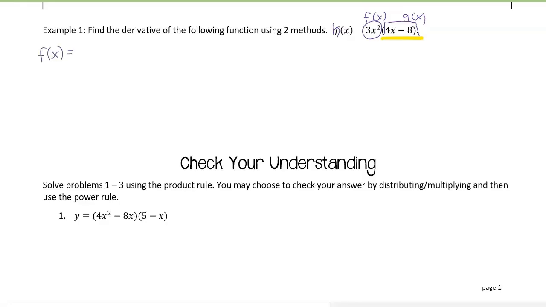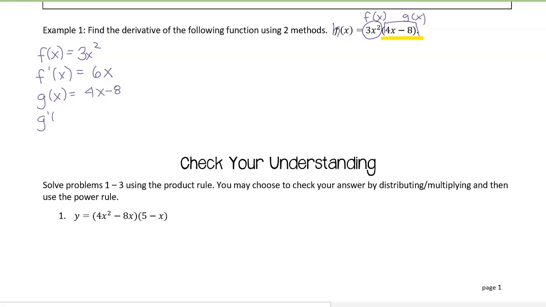F of x is going to be 3x squared. So f prime of x, using the power rule, the 2 comes out in front, multiplies by 3 to get 6x, and then I subtract 1 from the exponent, which just leaves x to the power of 1. And g of x is going to be that second factor of 4x minus 8.